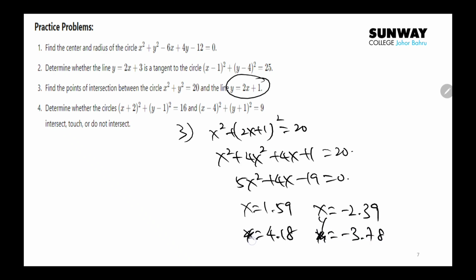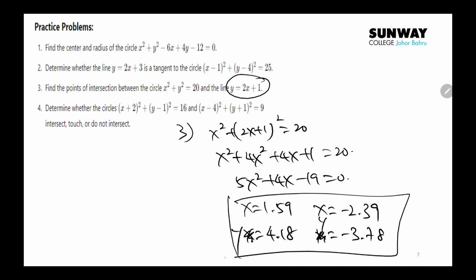Right? So these are the y values and those are the x values. So these are the 2 points of intersection.